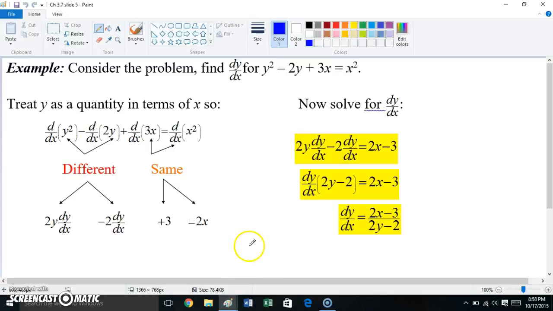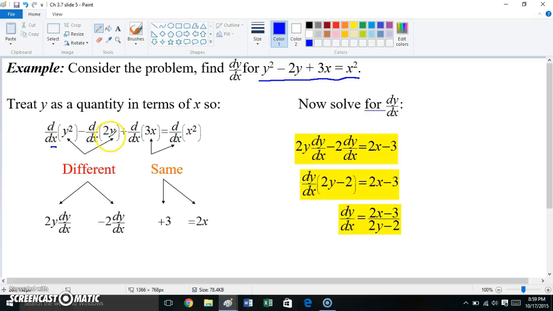Okay, so let's take a look at this problem. We have y squared minus 2y plus 3x equals x squared. So if I treat y as a quantity in terms of x, then taking a look at the first two terms, I'm differentiating with respect to x, but I have a y squared term. So the variables disagree.